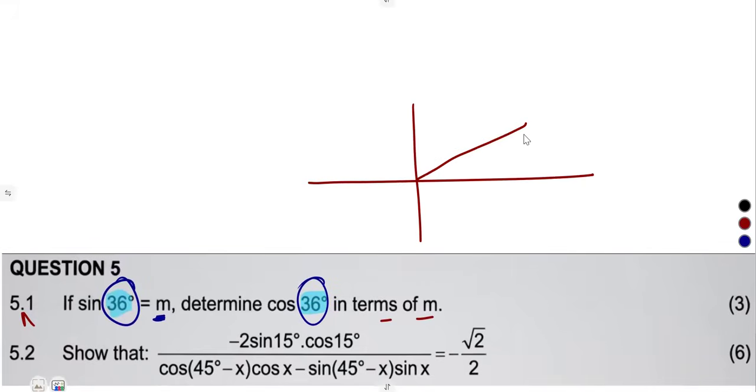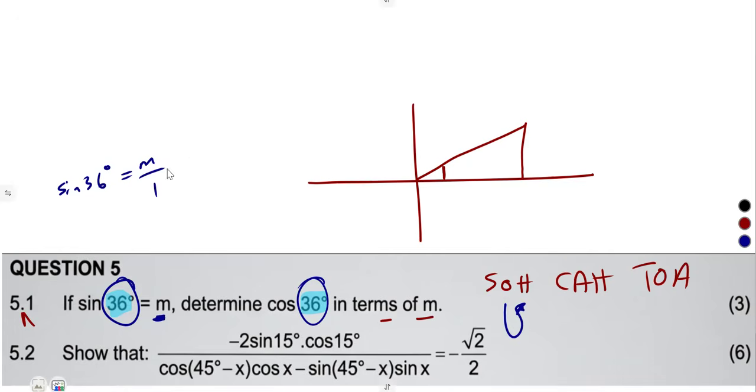This is according to the ratio of sine from our SOHCAHTOA concept. We understand sine is opposite over hypotenuse, so the sine of 36 must be m over 1.